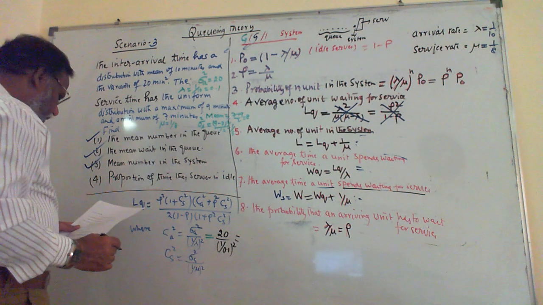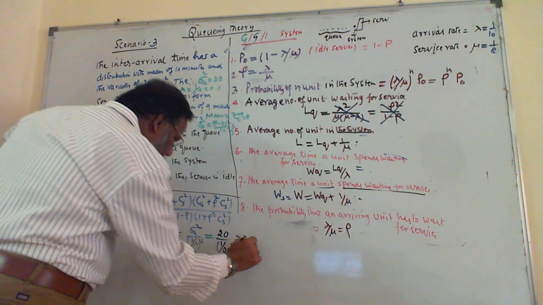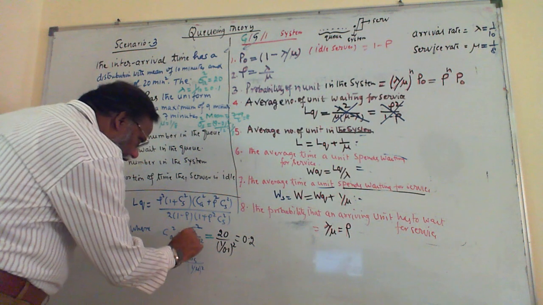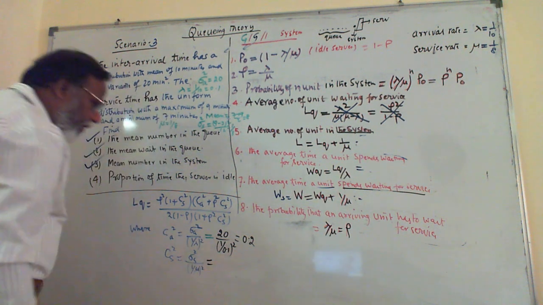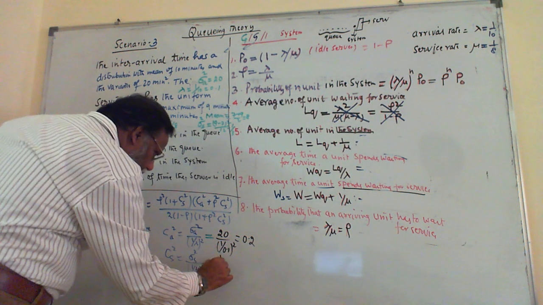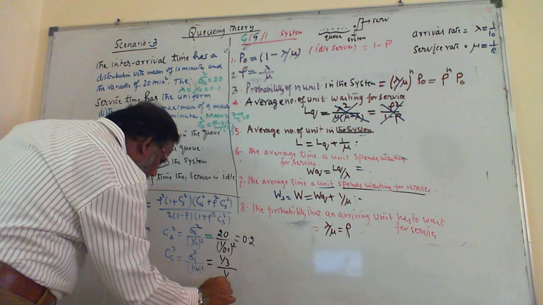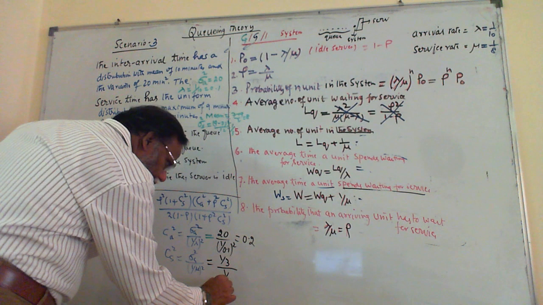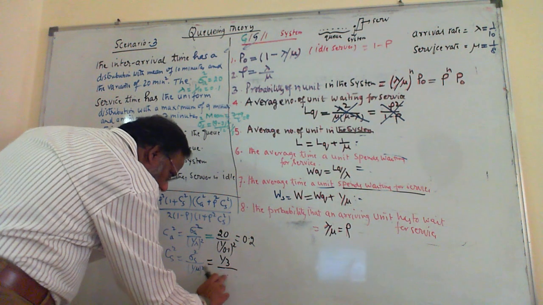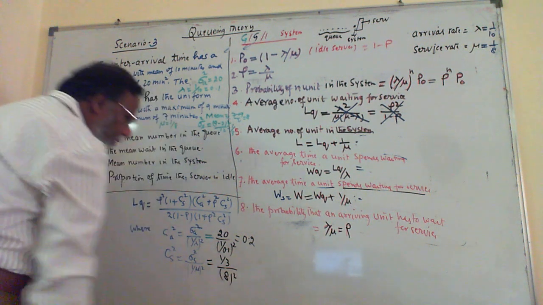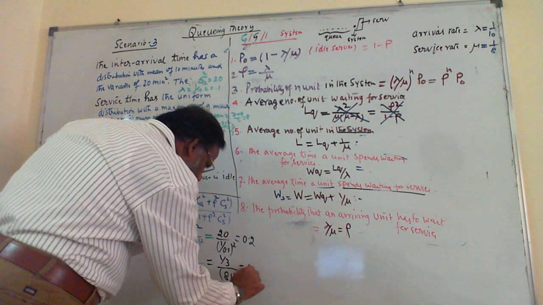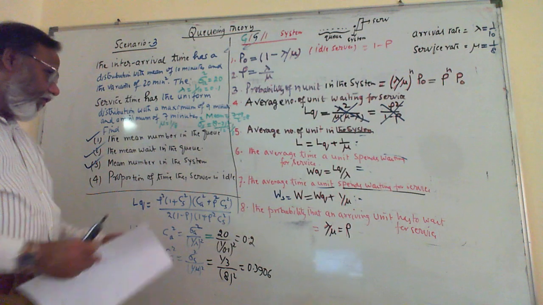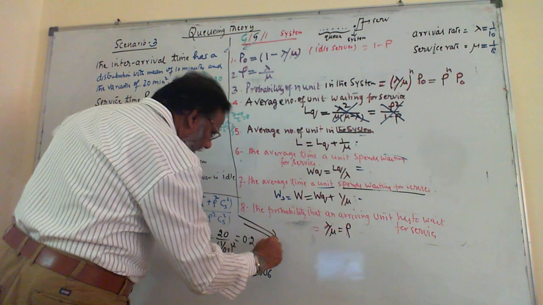This will give me the answer 0.2, so CA squared is 0.2. CS squared will be sigma S squared, which is 1/3, divided by 1/mu squared, where 1/mu is 8, so 8 squared. This will give you the value 0.3906.